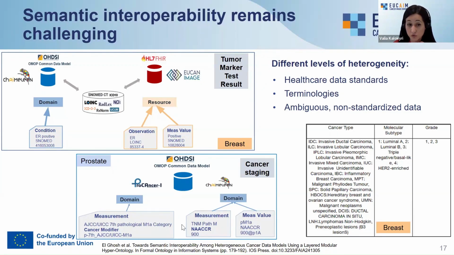Here we do not have information, for example, for the version or the type of the staging. I want to mention here that both of them are actually valid standard representations in OMOP. Okay, so here we see this kind of heterogeneity.